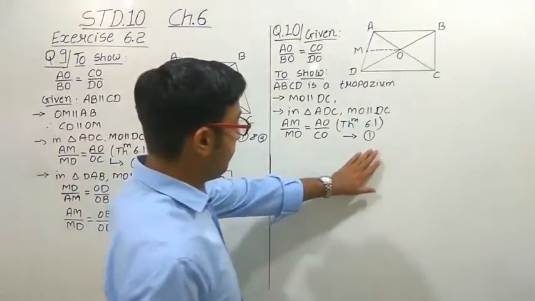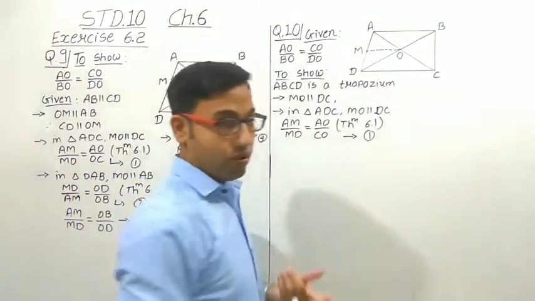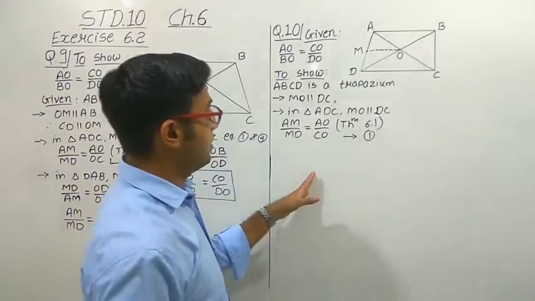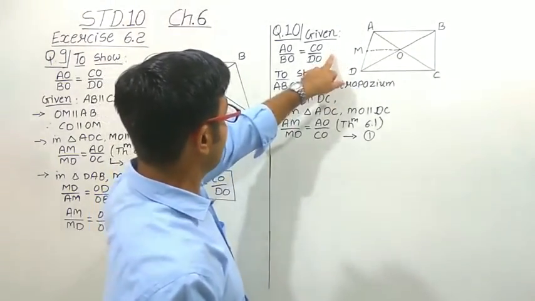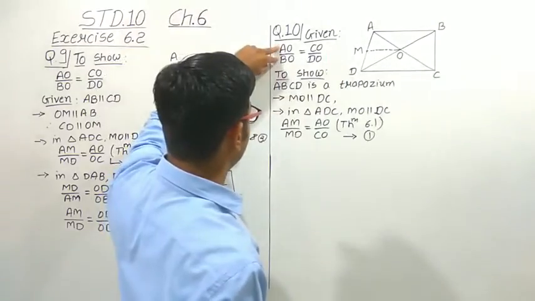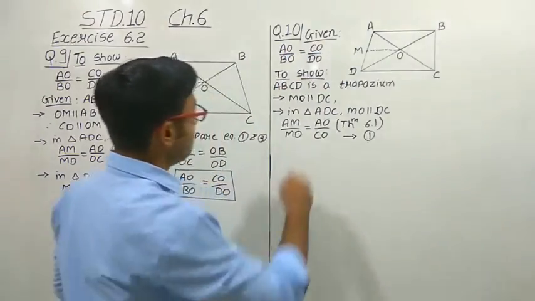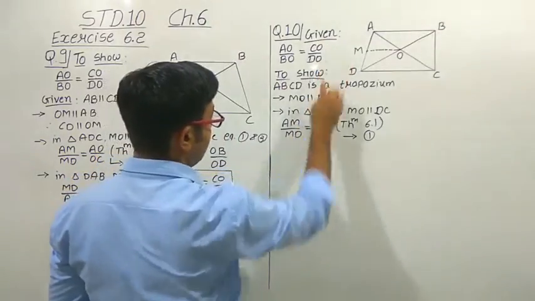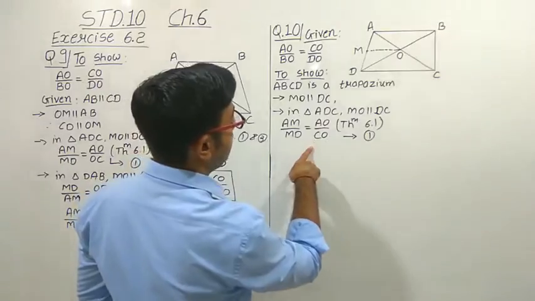Now, here you may think that we have to consider another triangle, that is DAB. No, here we do not have to consider another triangle. We have to use the given, whatever we have been given. Here we are given AO upon BO is equal to CO upon DO. So here we cannot directly compare these two things.